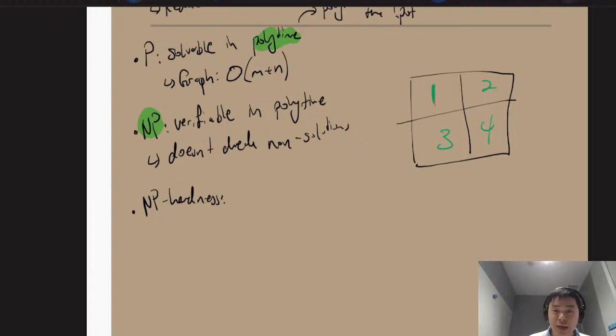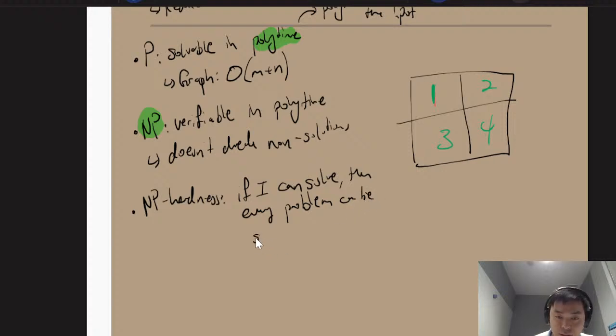NP hard just tells me that these are the problems for which, if I know how to solve it, then I can solve every problem in NP. In other words, if I knew of an algorithm that solved any problem in NP hard, then I can use this algorithm to solve every problem that also lies in the class NP.